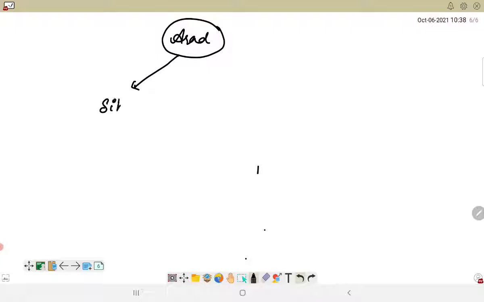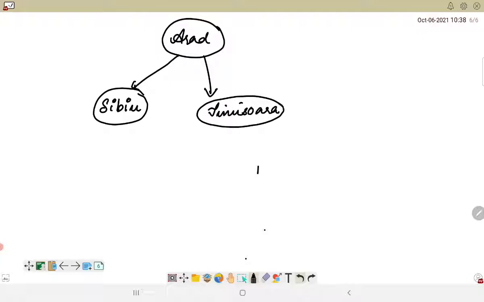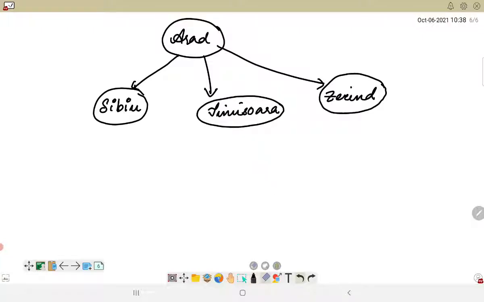I get Sibiu, then Timisoara, as well as Zerind. So these are the three different cities that my traveler would encounter when he expands the current point, that means his current location.